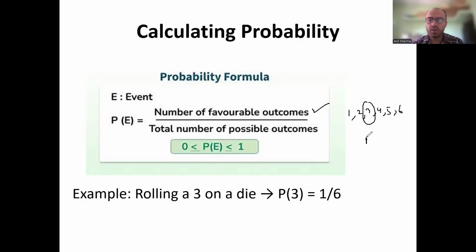So favorable is 1, out of a total of 6. If someone asks you for getting a multiple of 2, multiple of 2 is 2, 4, 6. We have 3 multiples of 2. So favorable is 3, total is 6. The answer is half, that is the probability, right? So that is the basic of probability.